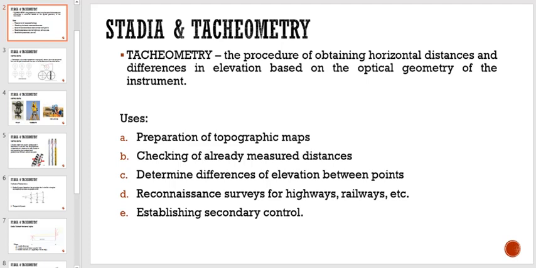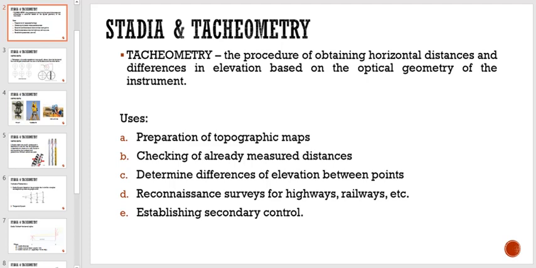This rapid and indirect method of measurement uses subtended intervals and angles observed with an instrument such as a transit, theodolite, or total station on a graduated rod or scale. In tacheometry, we can measure the vertical angles, the distance, and the horizontal angles.